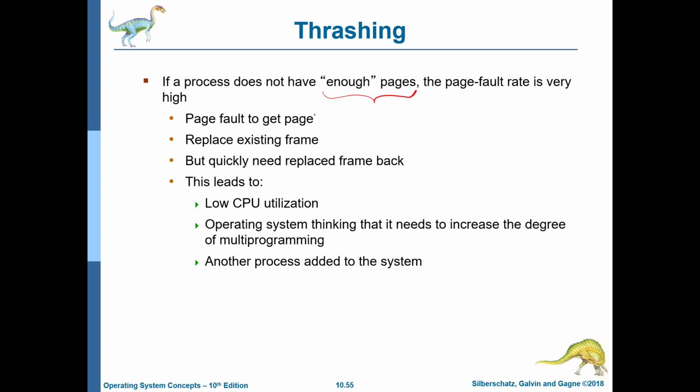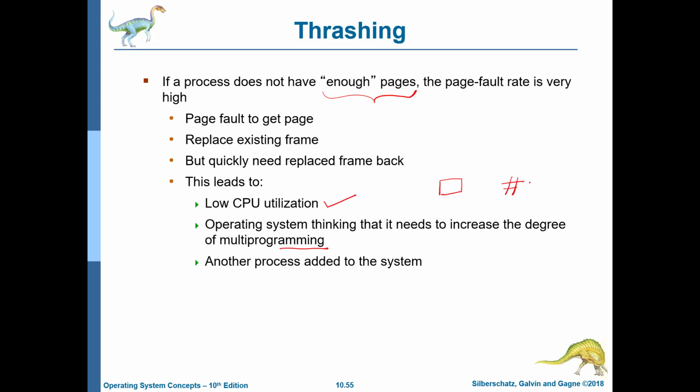Any page fault by definition will replace an existing frame, and this process of reading in memory data will lead to low CPU utilization. Because your CPU is not computing much, as most of the time is going in IO, the operating system would think that maybe it needs to schedule more threads on the CPU, or increase the degree of multiprogramming.